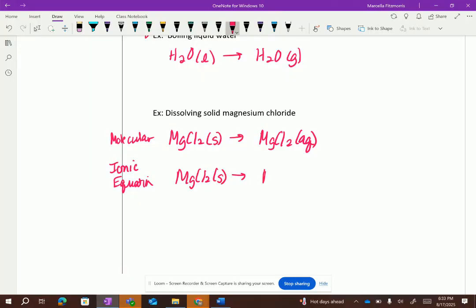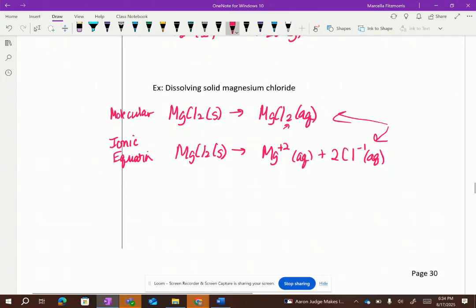When it dissolves in water, the magnesium ion separates from the Cl ions in that water and they float around separately. But when the water is evaporated, it's back to MgCl2. So this is a physical change. Oh, and let me put the 2 in front there because there are 2 of these Cl's. So this is an ionic equation. Both of these tell me the same exact thing, just one is written in the form that we actually see it in the cup if we were drawing a picture.